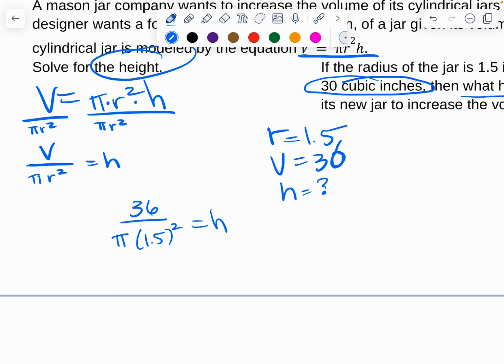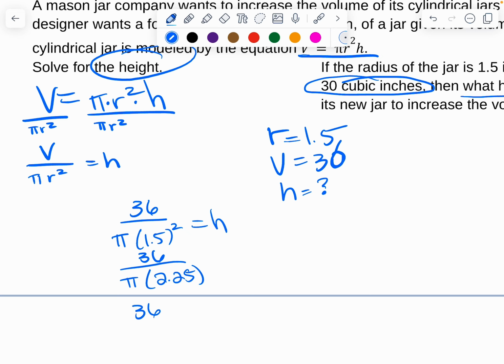So for this one, we're going to use 3.14. So we're going to take 36 over pi times 2.25. So 3.14 times 2.25.